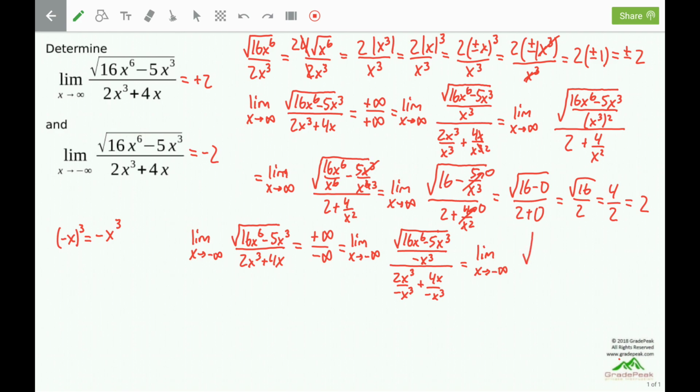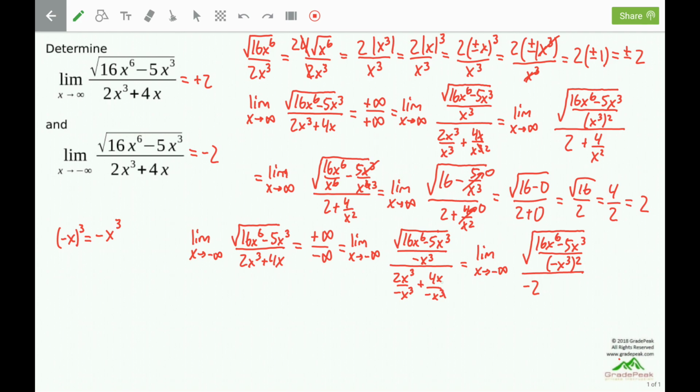In the numerator, the square root can extend over the negative x cubed by writing it as negative x cubed squared, because the square root of negative x cubed squared will be negative x cubed. In the denominator, the first term, the x cubes will cancel, leaving 2 over negative 1, which is a negative 2.